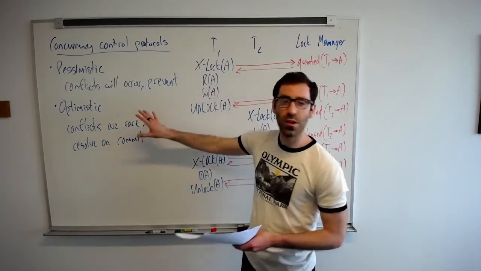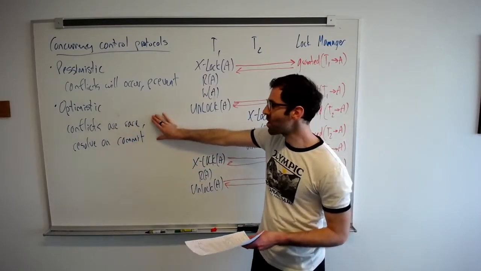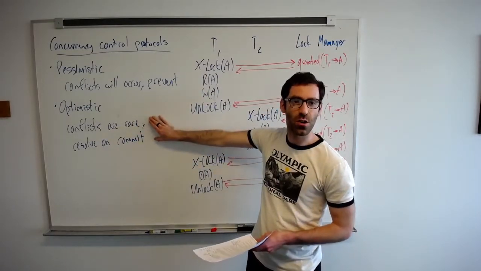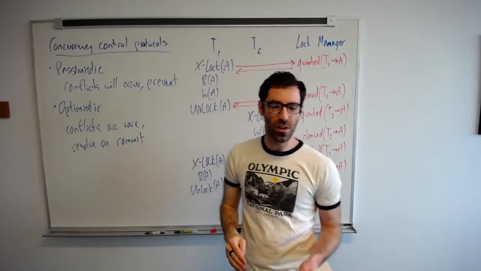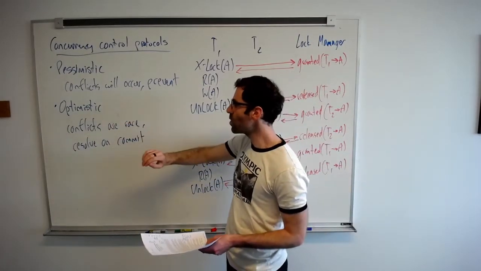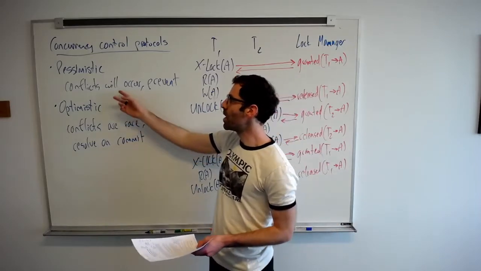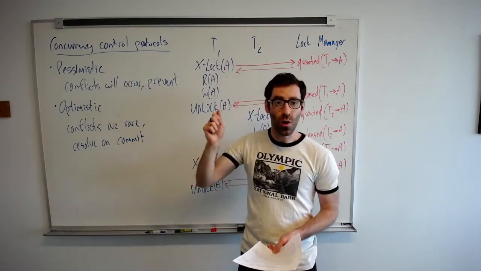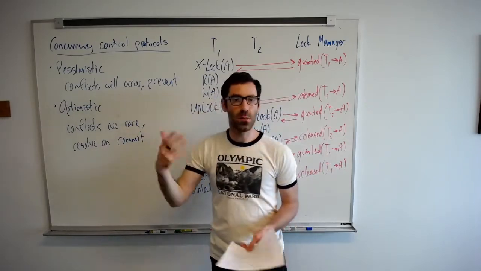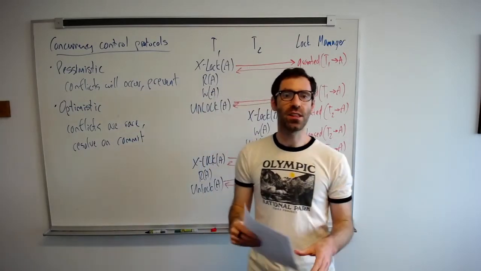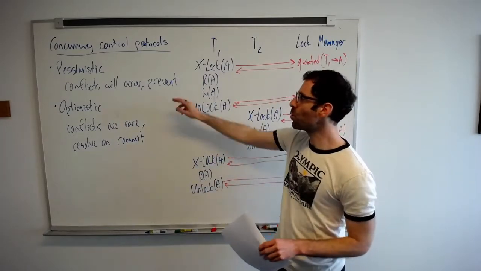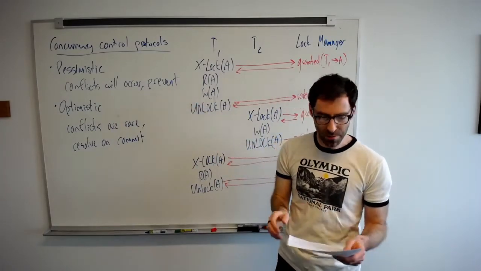And so if conflicts are really common, this optimistic approach is not going to be a good one, because we're going to have to be doing all sorts of resolution when transactions go to commit. But if conflicts are rare, then the pessimistic is going to be maybe too cautious and too conservative in the sorts of schedules it will allow, and so we'll miss out on some potential parallelism.